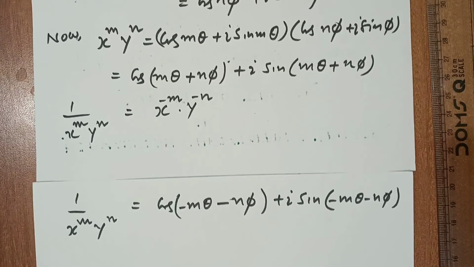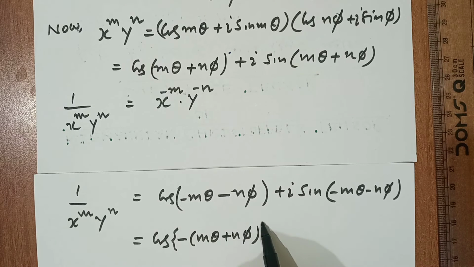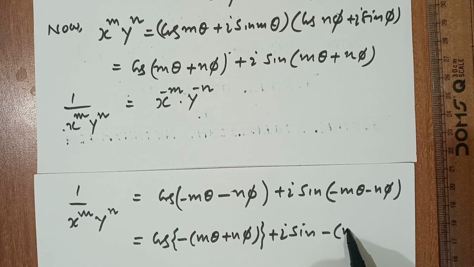So now this is equal to cos of minus (m theta plus n phi) plus I sin of minus (m theta plus n phi).